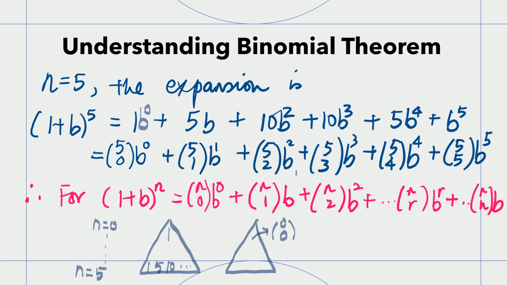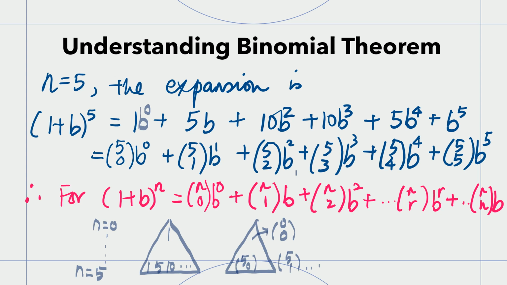So the combinations formula for 1, you can write it as 5, 0, then followed by 5, 1, and so on and so forth, right? So this is what we're going to do. We're going to substitute the binomial coefficients with the combinations formula.